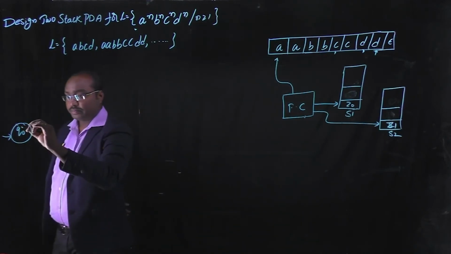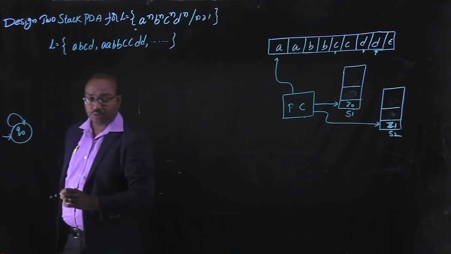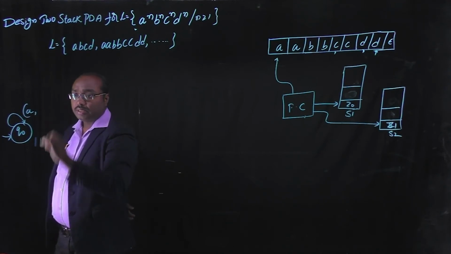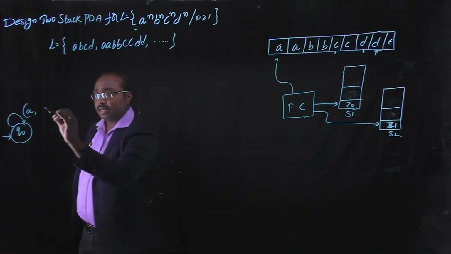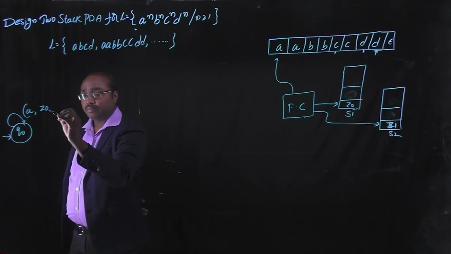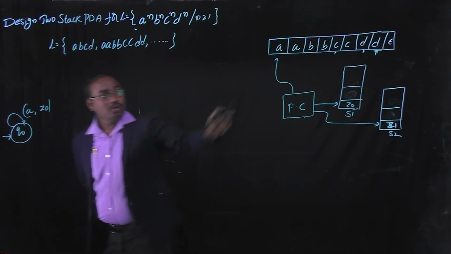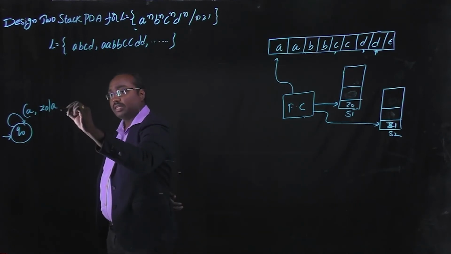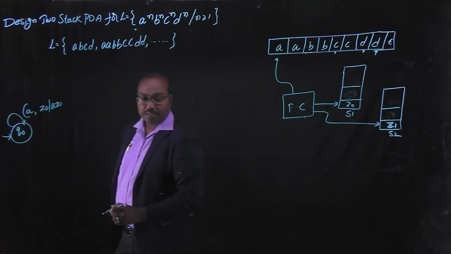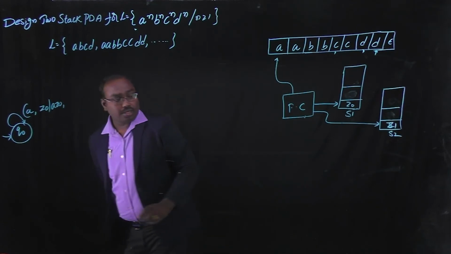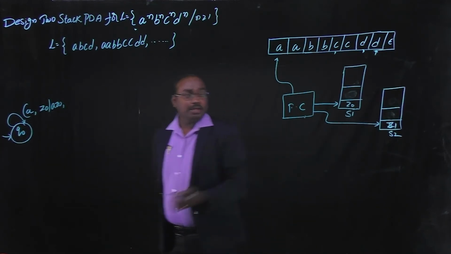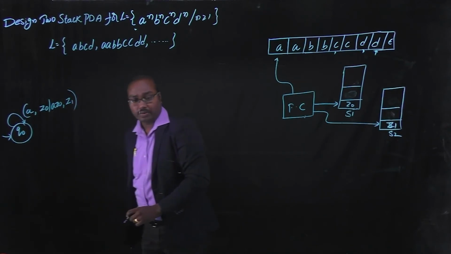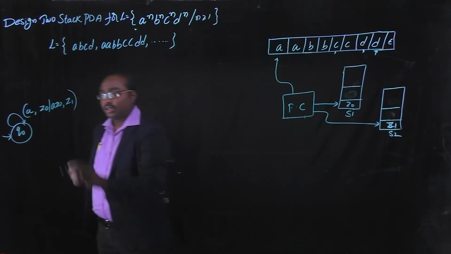In state Q0, if the input symbol is A and the top element in stack 1 is Z0, we push A onto stack 1, giving A Z0. For stack 2, the top element remains the same, Z1.